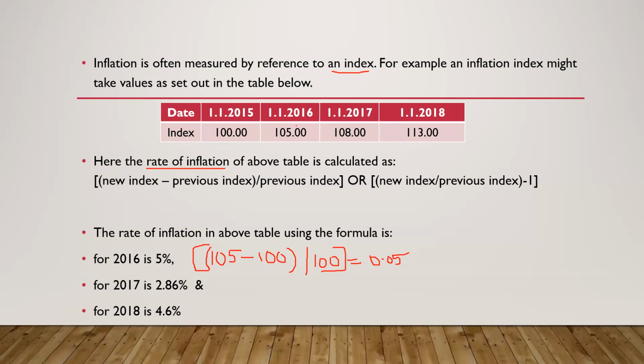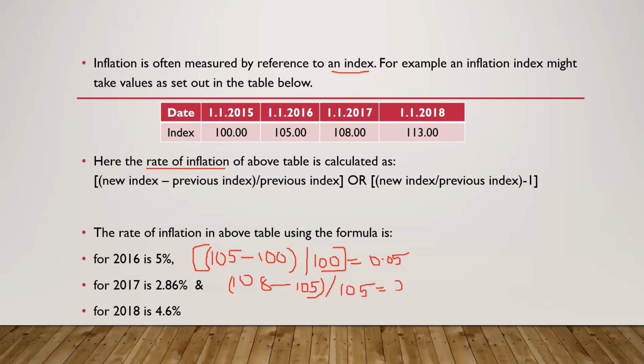Now, moving from 2016 to 2017, what was the rate of increase of inflation? That would have been 108 minus 105, okay, divided by 105, which is the new minus old divided by the old.